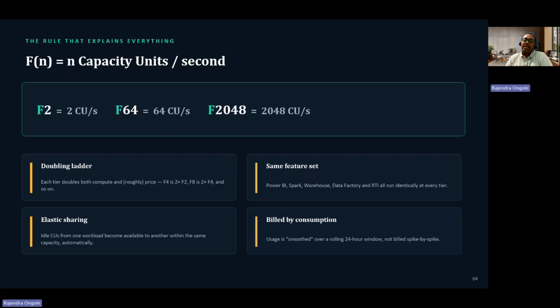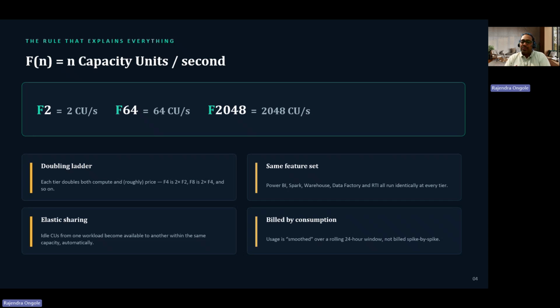This is a very important slide. F N, where N stands for capacity units. Earlier, if you were working on Power BI, we called them P SKUs, Power BI stock keeping units. Now we are moving on to the Fabric F SKUs. F is none other than Fabric capacity. F2 is 2 capacity units per second, F64 is 64 capacity units per second, up to F2048 with 2048 capacity units per second.